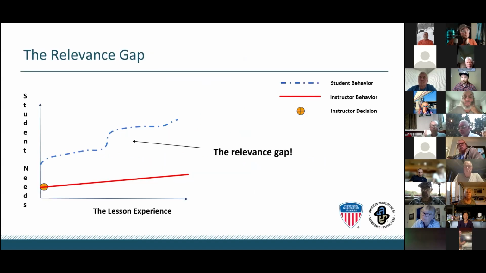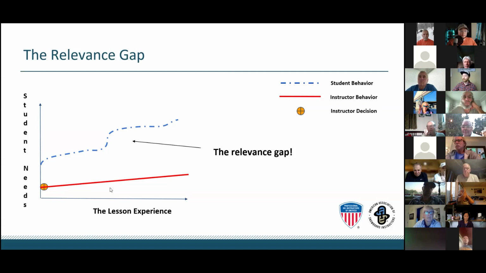So the relevance gap is pretty simple, right? You see this graph on the left, you've got student needs, and you've got the lesson experience, right? And in this first version of the relevance gap, you'll notice that those two lines are very, very different. In fact, that red line just goes straight no matter what this blue line's doing, right?